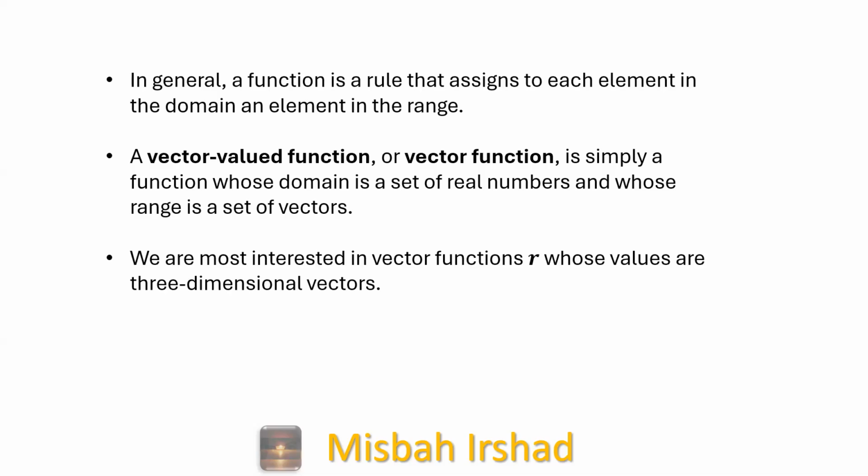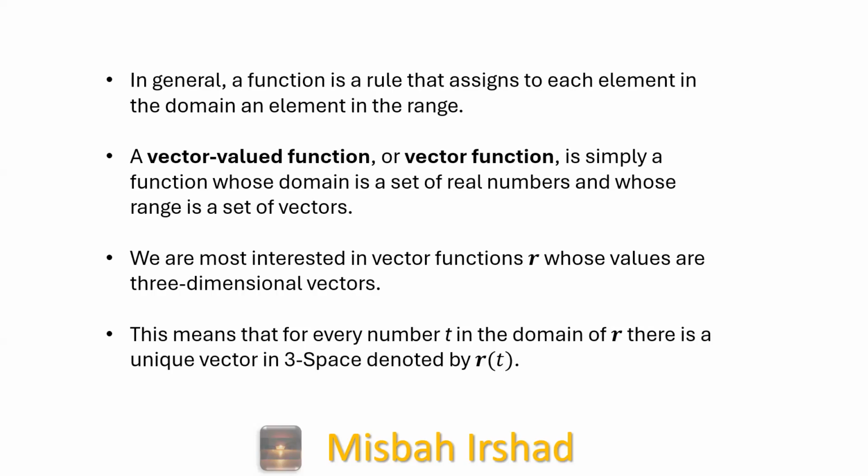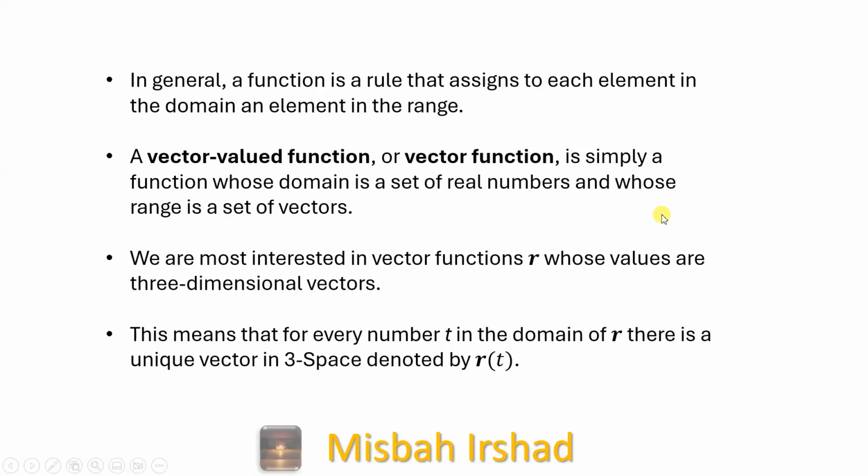So we are interested in vector functions r whose values are three-dimensional vectors. This means that for every number t in the domain of r, there is a unique vector in 3-space denoted by r(t).